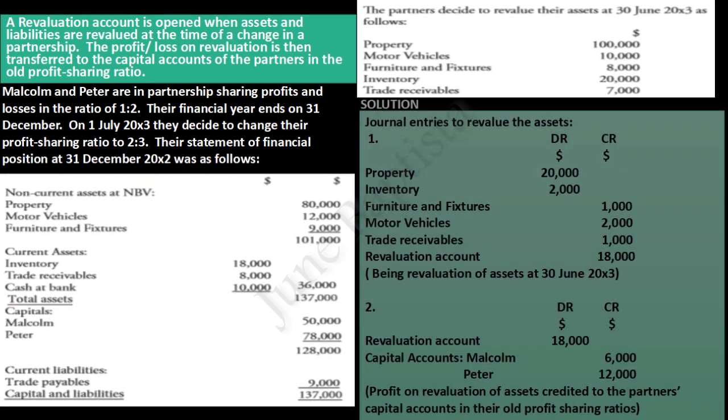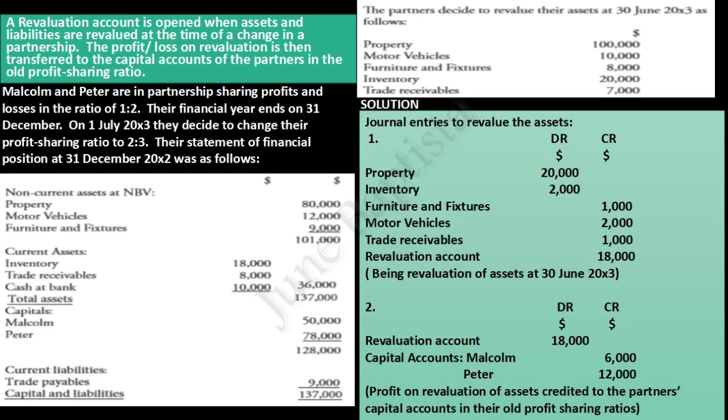Let us look at the solution. Journal entries have to be passed to revalue the assets. Property and inventory are both debited with the increase in the values of these assets. Property, $20,000, inventory, $2,000.